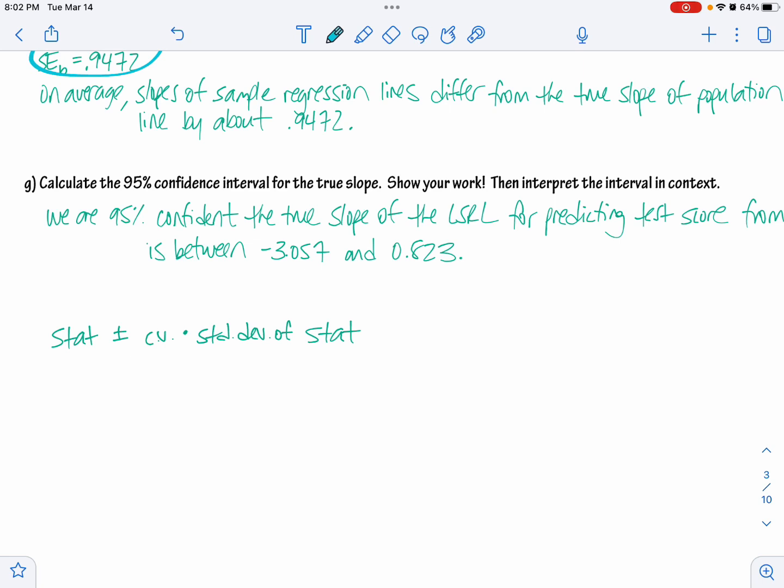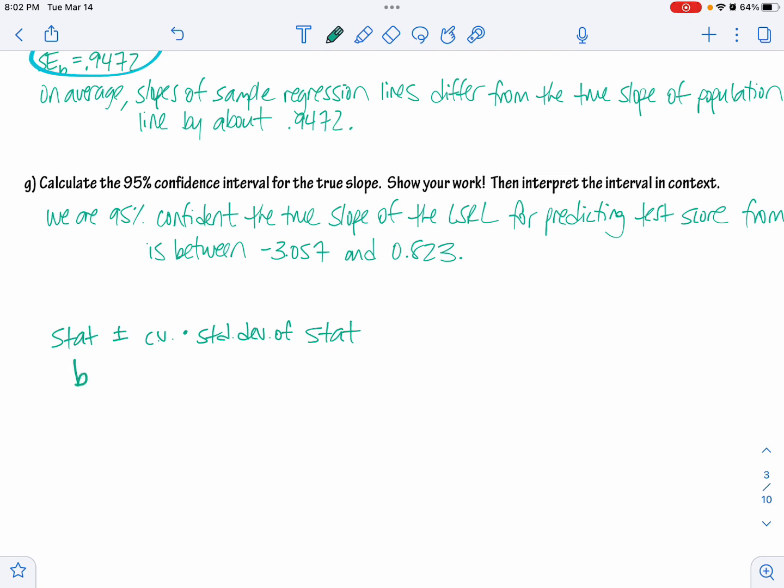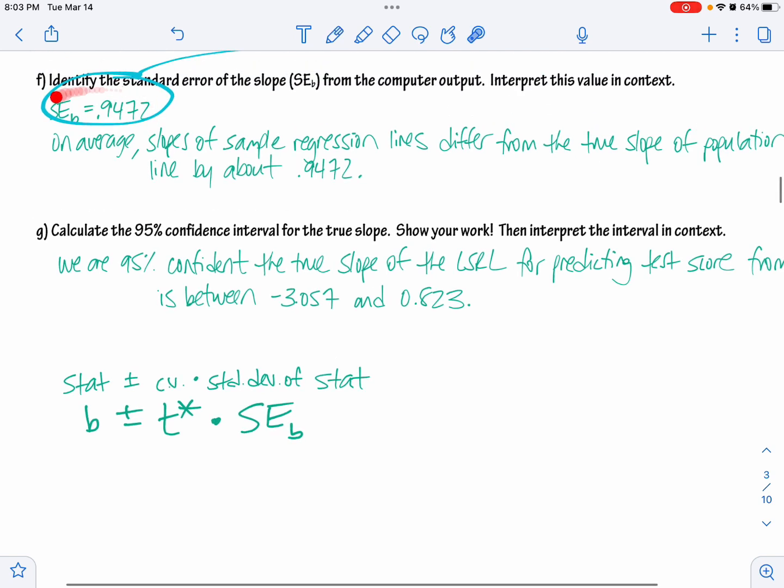Our statistic in this case is going to be the b, the slope of our sample regression line from the first page. The critical value, do you know? It's a t star always for this chapter. And the standard deviation of the statistic, this is very exciting, is the SE sub B. Yes, this number that I just talked about.